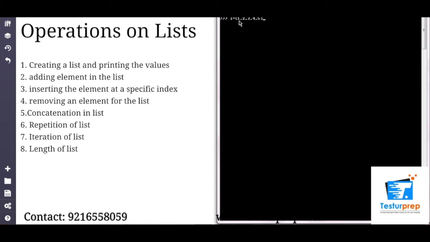Now 1 is at index 0 and 5 is at index 4. So index is n minus 1 of the total values. We start with 0 and go to n minus 1. So here we have 0, 1, 2, 3, 4. So 4 is the last index. This is how I am going to create a list.